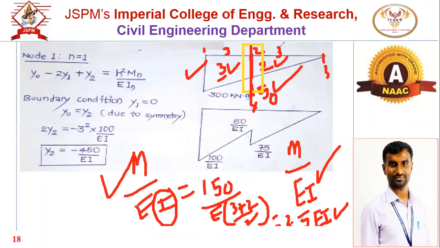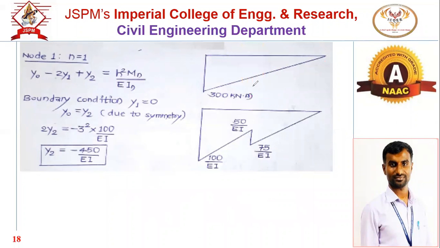And the second approach will be: here the cross section is thrice, on the right hand side it will be twice, and the moment here will be 150 divided by EI. So what bending moment are we having? Consider the right portion, it is the junction. So at that junction we will have two bending moments. First, for the right portion, the bending moment will be 150. For the right portion, what is the cross section?